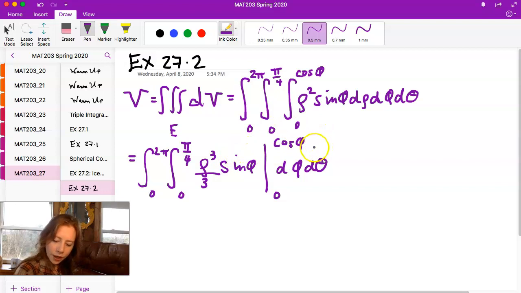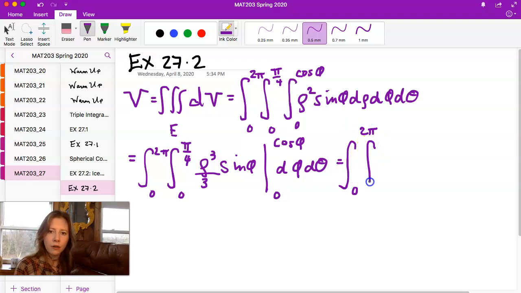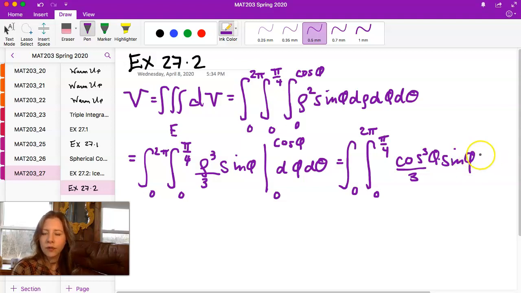All right. And so now we go from 0 to 2 pi, from 0 to pi over 4, and we have cosine cubed phi over 3 sine phi d phi d theta.